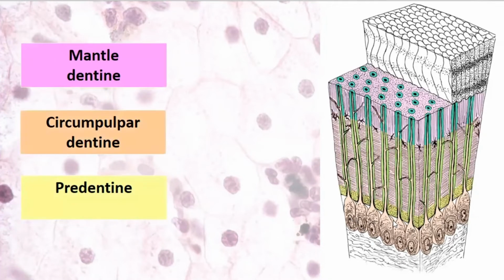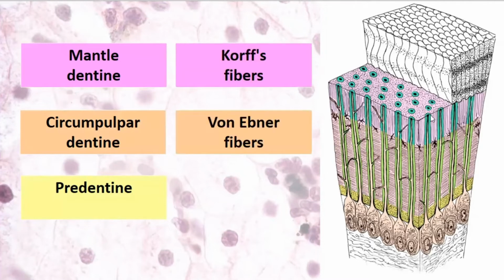So we have three regions of tooth: mantle, circumpulpar, and predentine, and they have different directions of collagen fibers. In mantle dentine, we have coarse fibers. They have radial directions, and von Ebner fibers are located deeper in circumpulpar dentine.